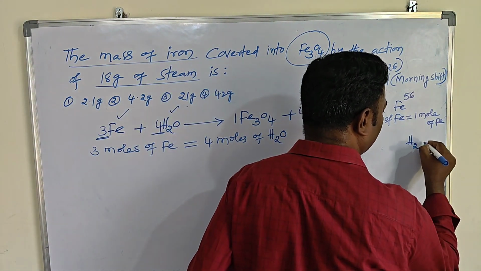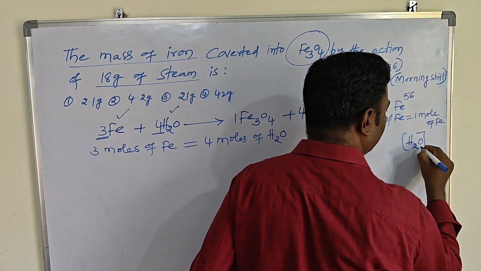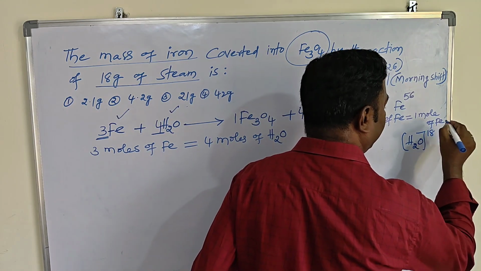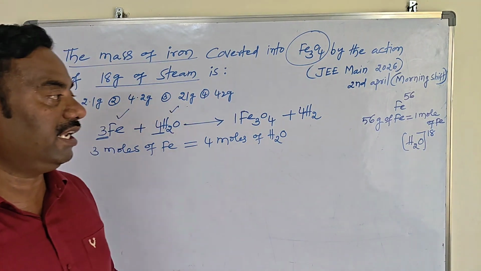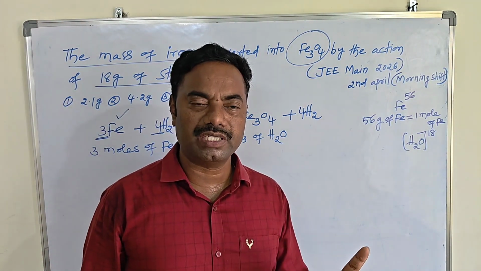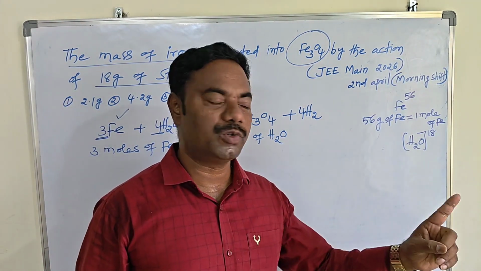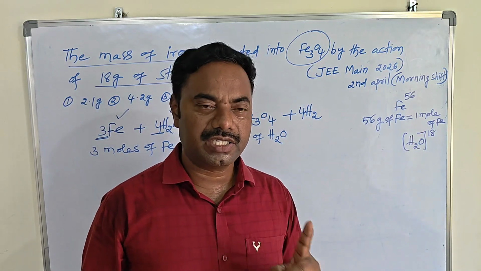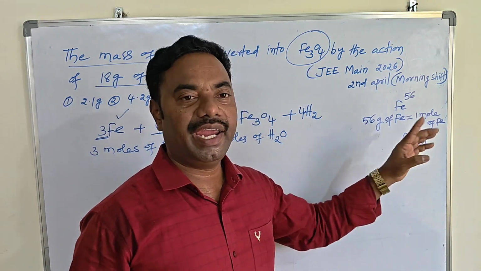Next, about water. H2O is a molecule. Its mass is equal to 18. How to get that 18? Each hydrogen mass is 1, 2 hydrogens are there, their mass equals 2, plus 1 oxygen, 16. 16 plus 2, 18.